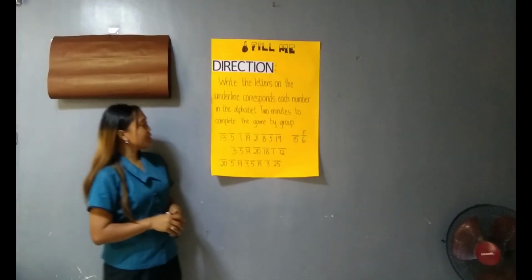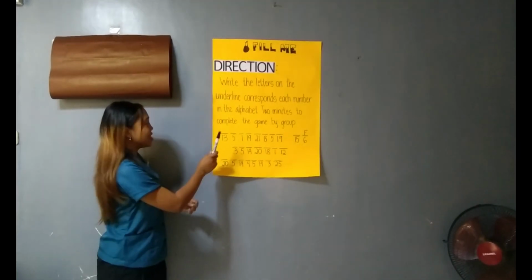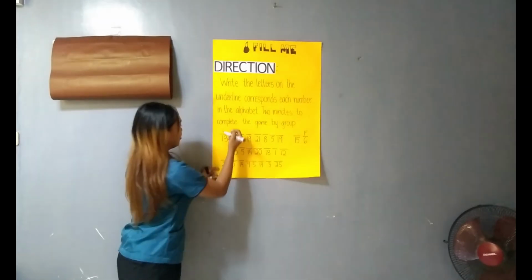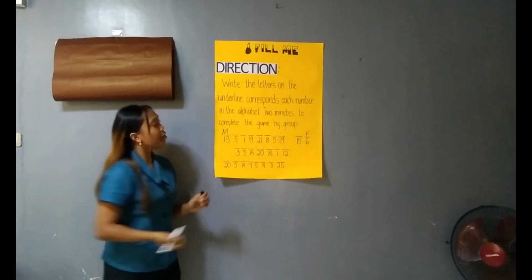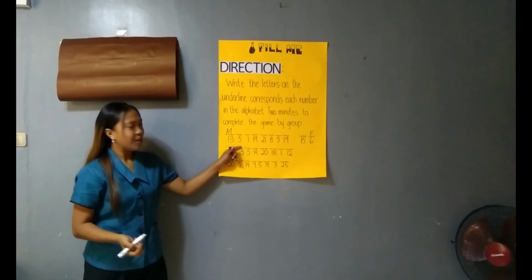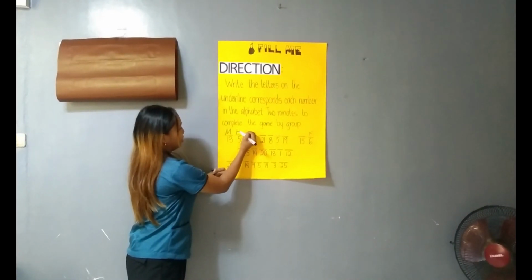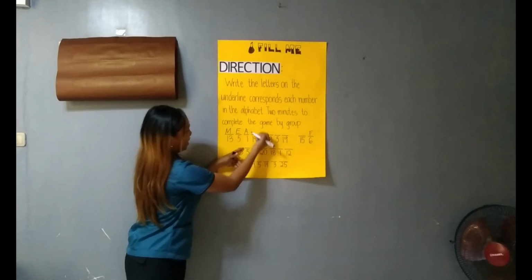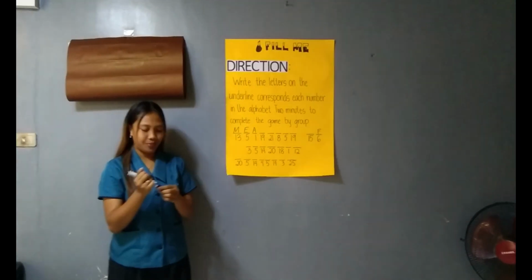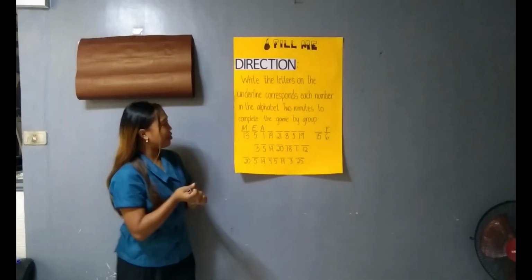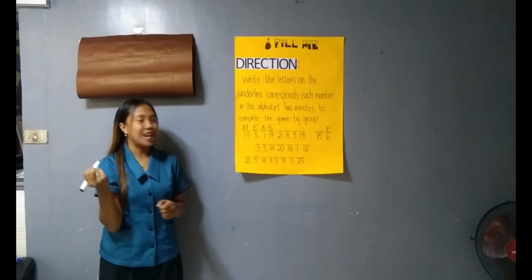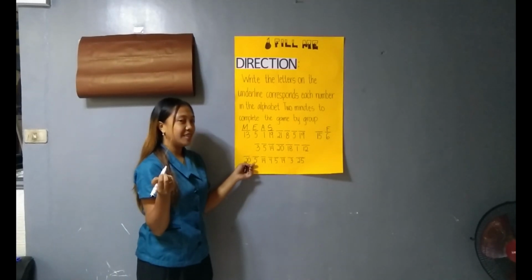Now let's find the answers for these numbers. In the alphabet, what letter corresponds to 13? M. How about 5? Very good, E. Then 1, A. Then 19, S. Very good. What is our first word?